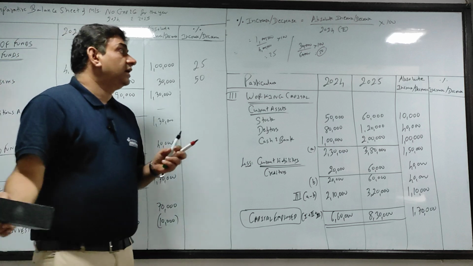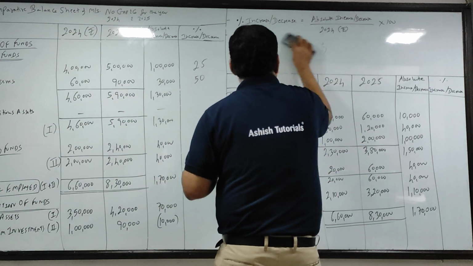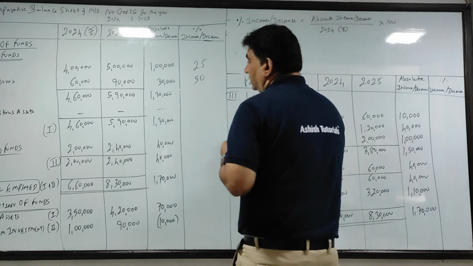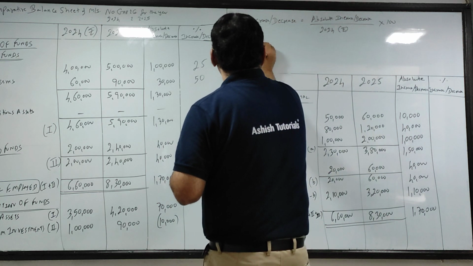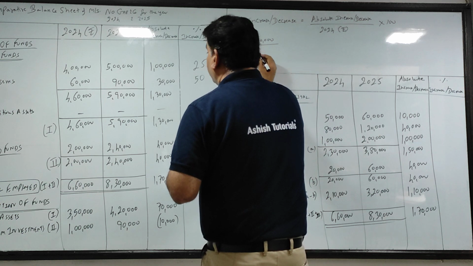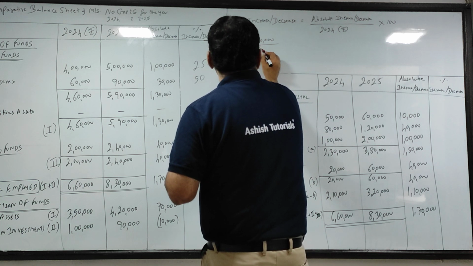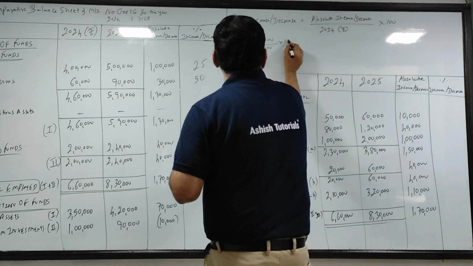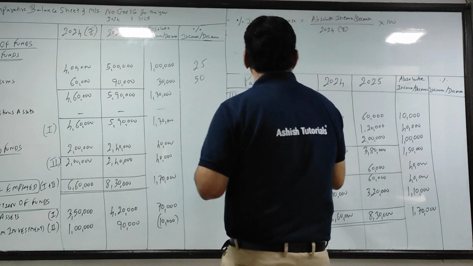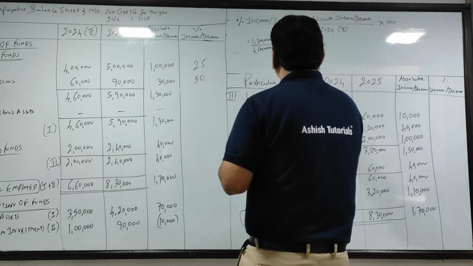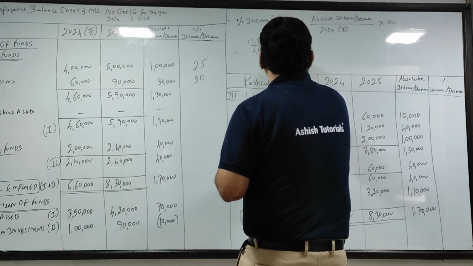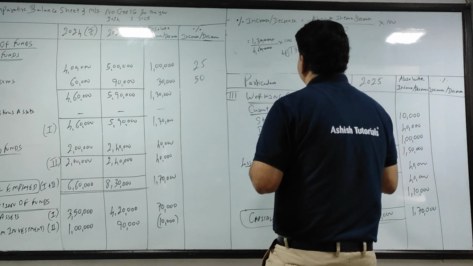130 is your absolute increase decrease. Correct? So this will be 1,30,000 divided by 4,60,000 into 100. So this will be 1,300 divided by 46.